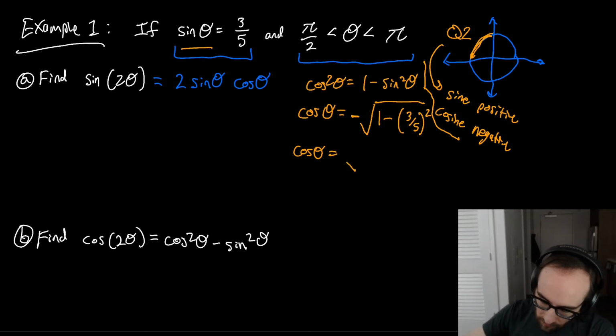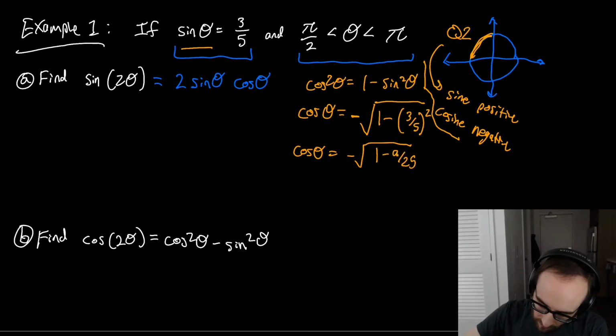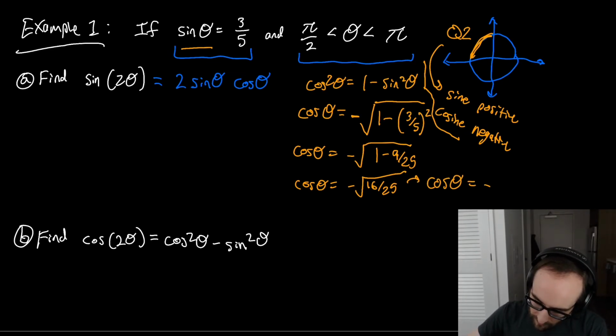We continue solving. We have negative square root of 1 minus 9/25, which gives us negative square root of 16/25. So cosine of theta is equal to negative 4/5.